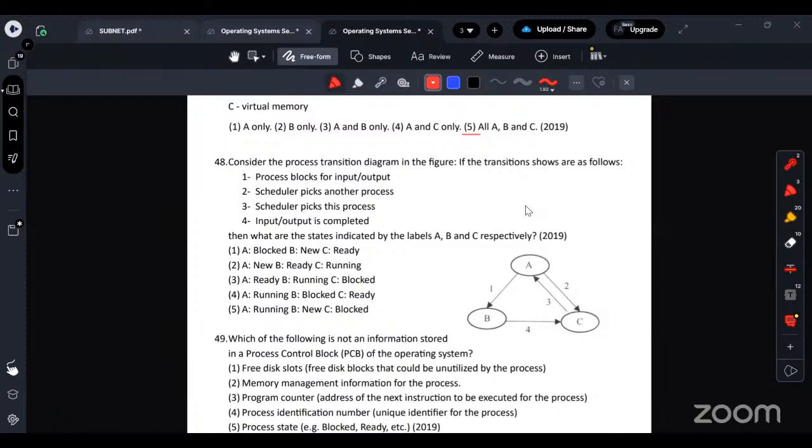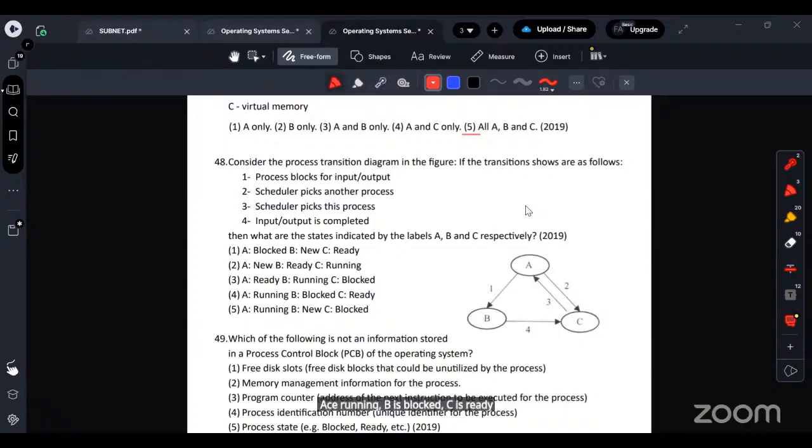So A is ready to run it. A to C is ready to block. Wait. Sorry. Yes, the question is ready to block. Option 4 actually. A is running, B is blocked, C is ready.